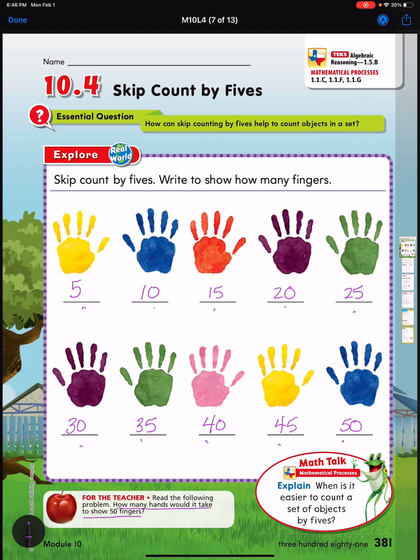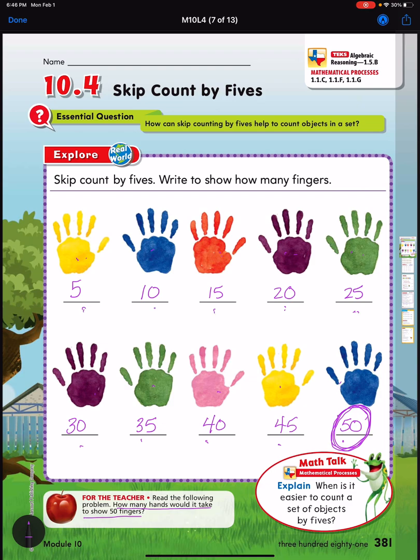Counting by fives. So how many fingers are there on all 10 of our hands? There's 10 hands. How many fingers are there? 50. On 10 hands, there would be a total of 50 fingers. And I counted that very quickly by fives.